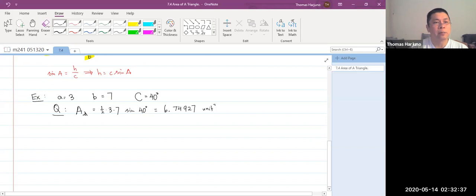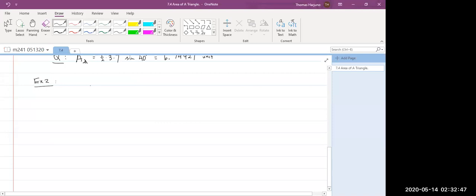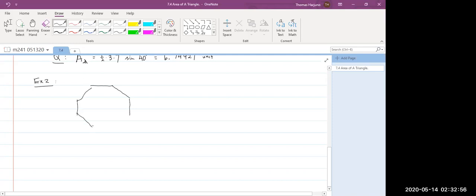Okay, now that's example 1. Now, do you remember the stop sign problem? The one we had last time, the stop sign? Yes. Do you remember what the radius was? The radius was 10 centimeters.